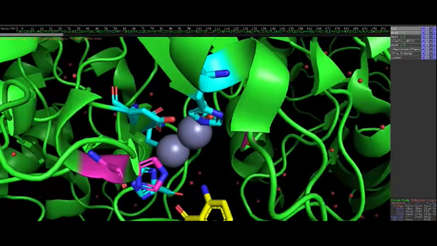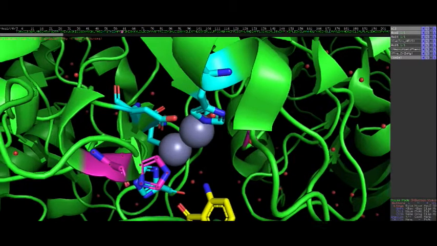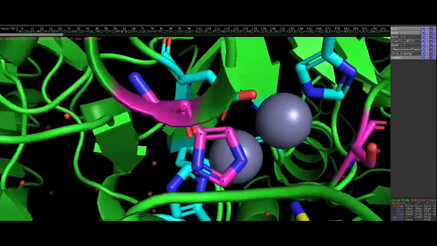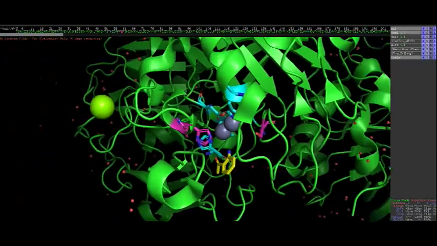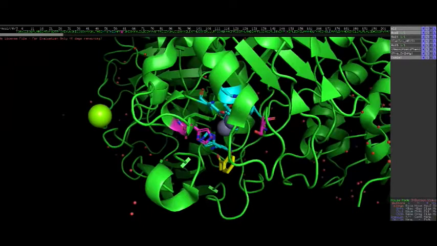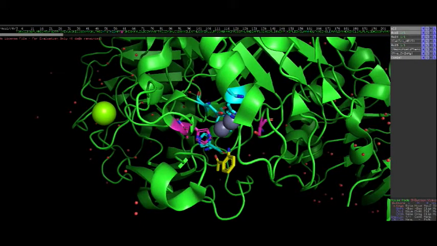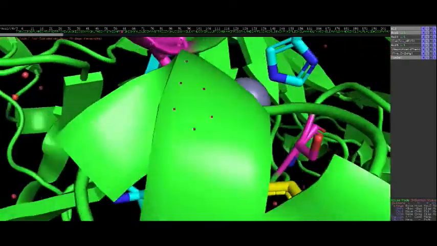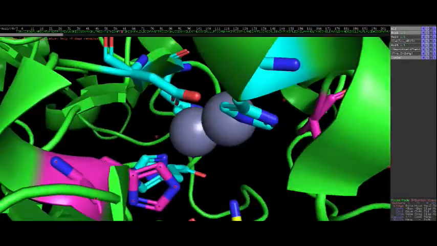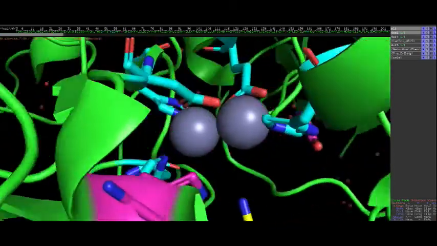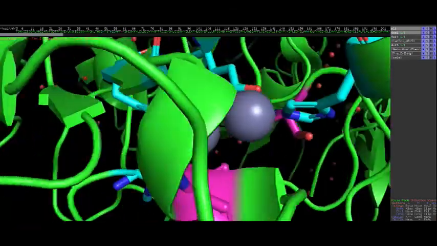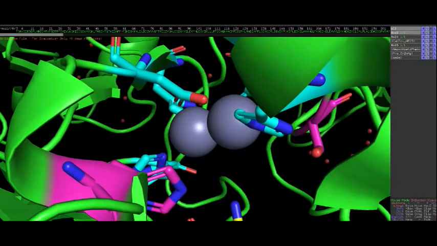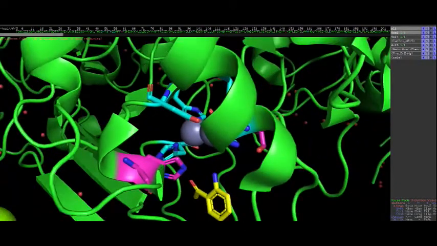We can see in purple here, that is the histidine that would be deprotonating the water. So I actually put the waters that they had from the structure into it. That's what these little red spheres are. But I didn't see any pop up right here next to the 2 zinc ions. So there must be some other way they have determined that it is actually a water in there.